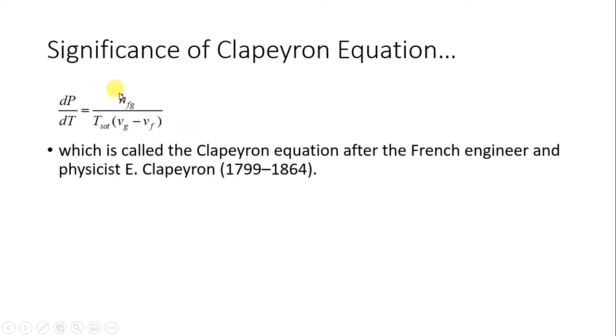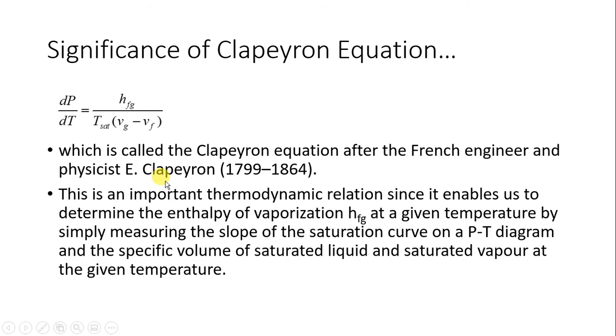This equation is known as the Clapeyron equation after French engineer and physicist E. Clapeyron. This relation helps us determine the enthalpy of vaporization Hfg, provided you know the slope dP by dT and you know the Tsat, Vg and Vf values.